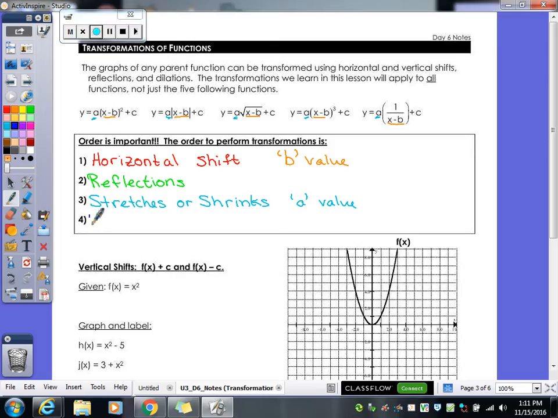And then our last one would be any vertical shift. And that's the c value in the equation. That's always at the end. It's the furthest thing away from your x value. That's why it happens last, moving up and down.